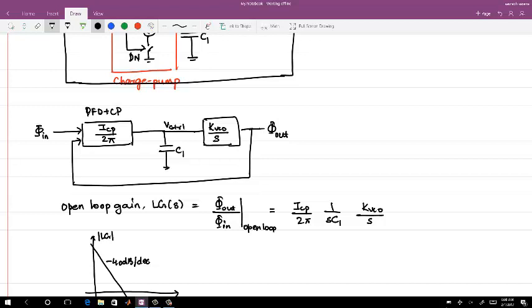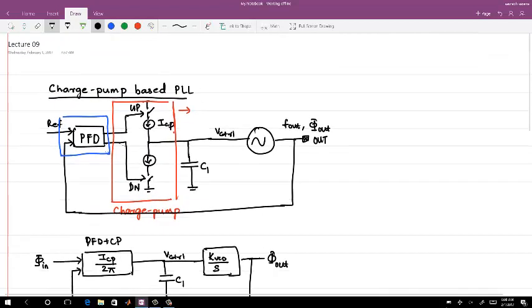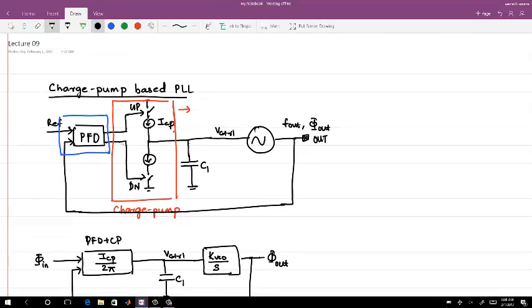You get that? So if you want, you say the output of this PFD is in units of radians. The charge pump output is, you can say, ampere per radian, right? Ampere per radian into impedance, 1 by SC, you can have an R or something, that will get converted into a voltage, volt per radian.